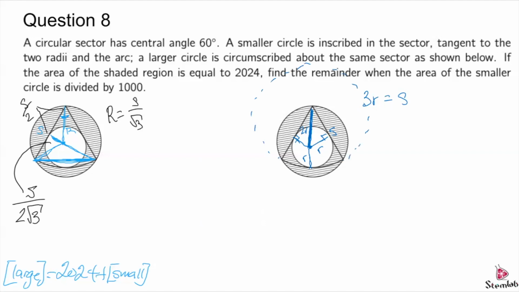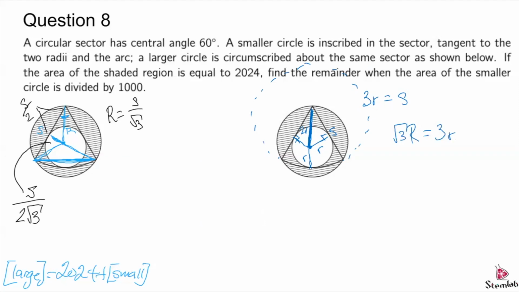Now we have both radii expressed as some value of s, so we can equate the s's for both. We end up with root 3 times the big R, the radius of the big circle, is 3 times the radius of the smaller circle.